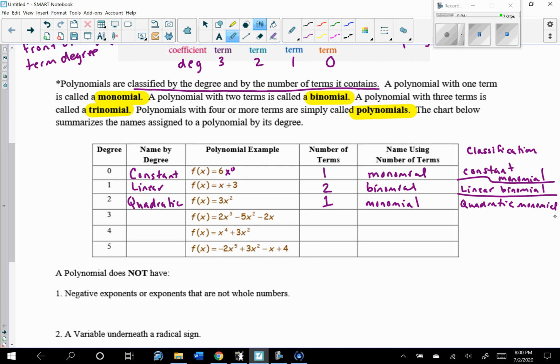This one has 1, 2, 3 terms, and the highest power is a degree 3, so this is cubic. There's 3 terms we said, so trinomial. So this is a cubic trinomial.